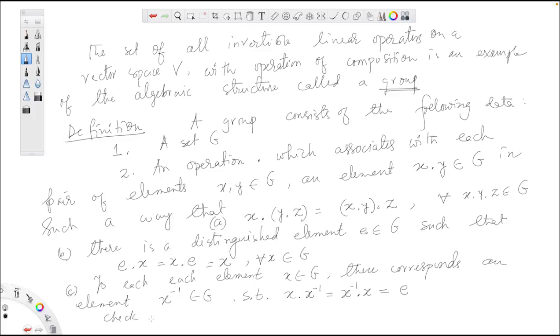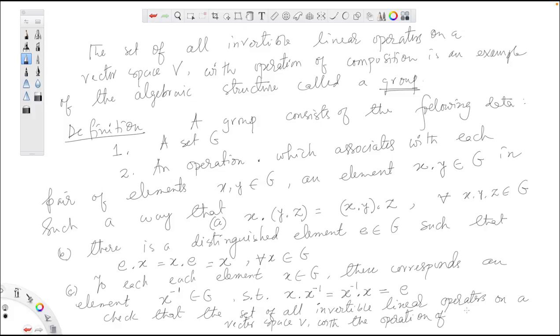Now I want you to verify that the set of all invertible linear operators on a vector space V with the operation of composition is indeed a group.